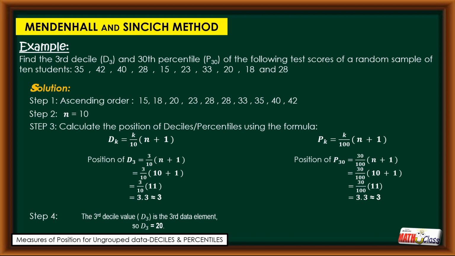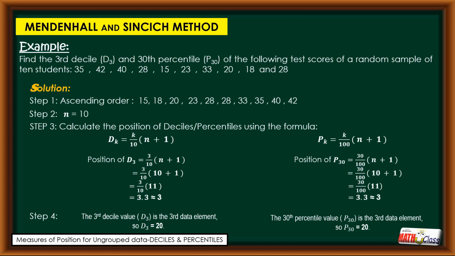So we will arrive with an answer 3.3. The computed value 3.3 becomes 3 after rounding to the nearest integer. Therefore, the 30th percentile value, or P30, is the third data element.